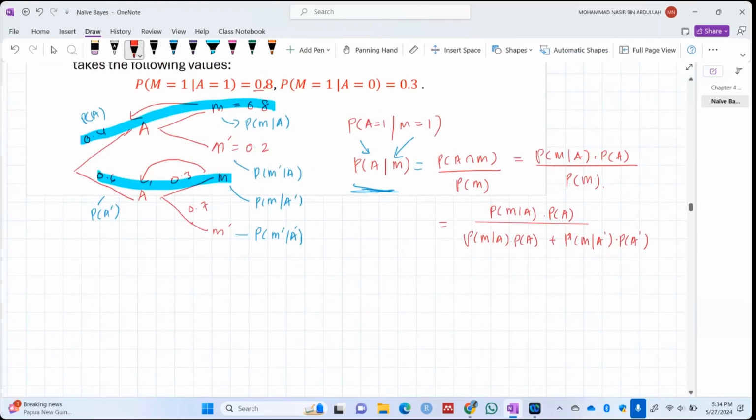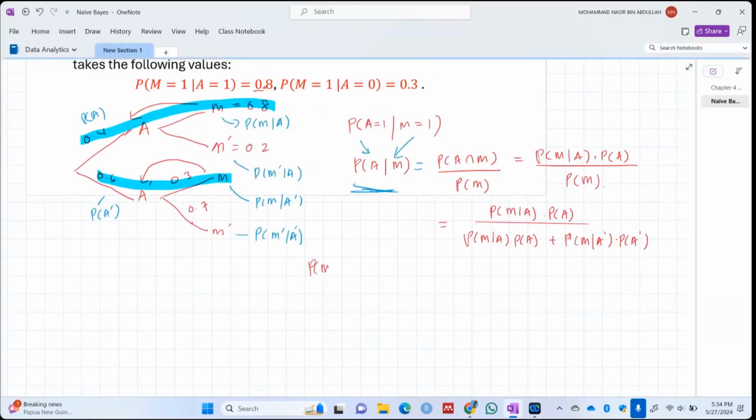So you just take the values: 0.6 multiplied by 0.3.